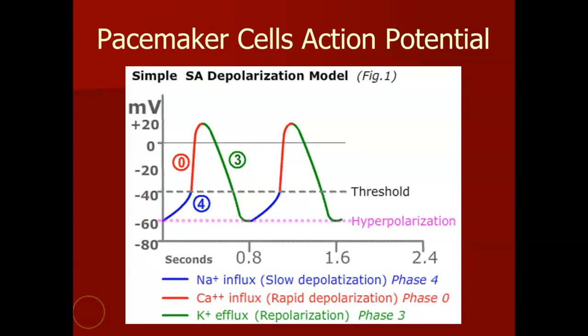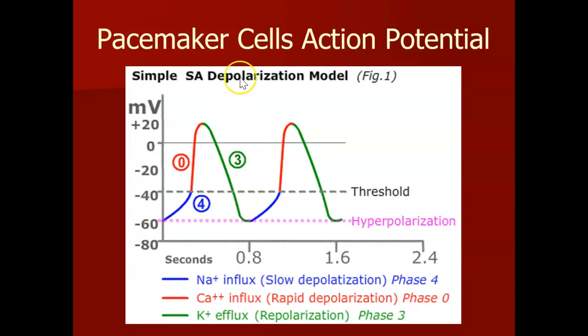And then at that point, we're going to get into active depolarization. When we hit that threshold, the calcium channels are going to open, and calcium is going to flow into the cell, and it's going to cause the inside to start to become more positive. So that's going to cause depolarization to occur, right? Like up here in this phase 0, because the calcium ions are bringing a positive charge into the inside of the cell.